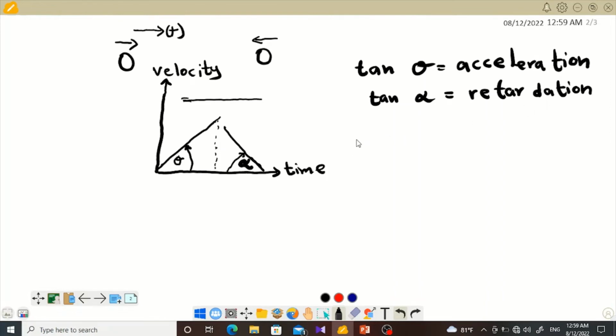And the area under the graph shows us displacement.